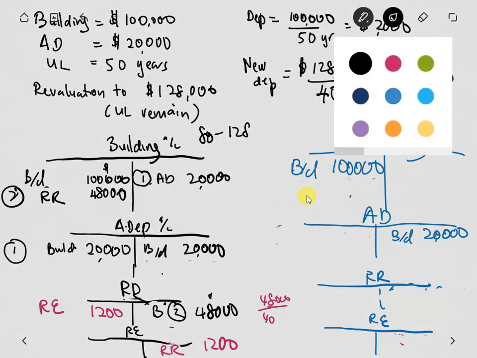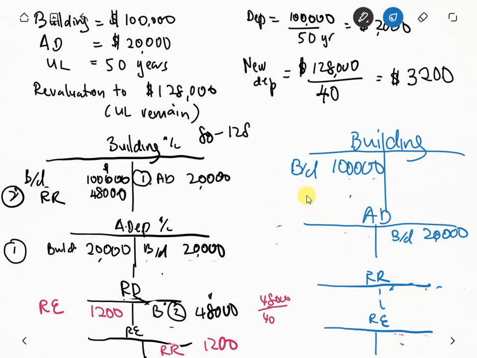Method 2, 1 step. That is, ready? 100,000, 20,000. I want 80,000 to revalue to 128. So step 1, still debit accumulated 20. Okay. Just now method 1 I credit to here, correct? But now I have 100 here and I want to revalue to 128.